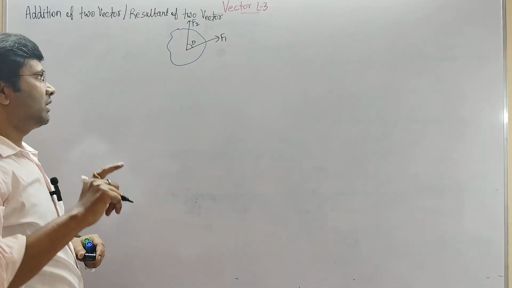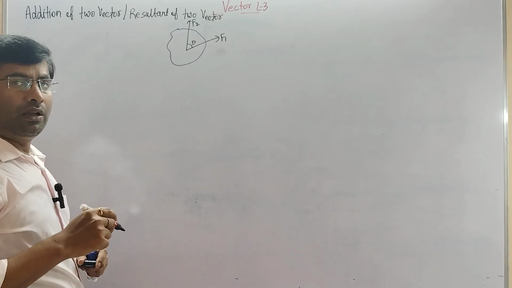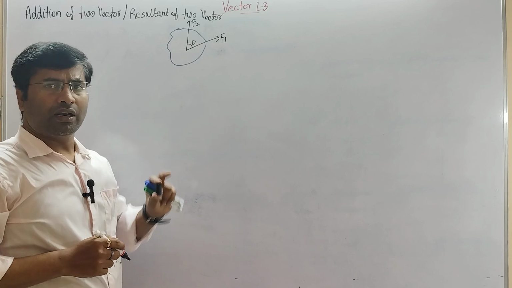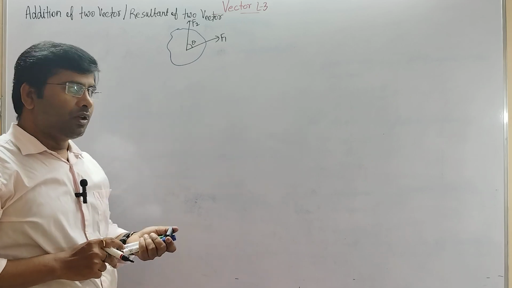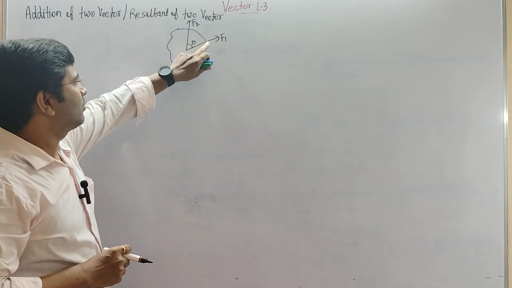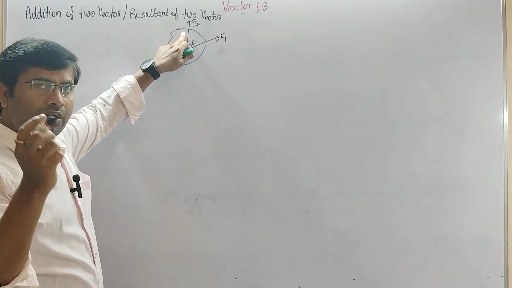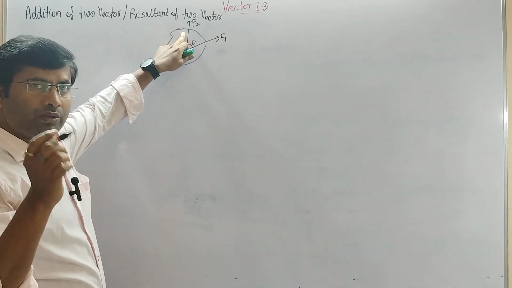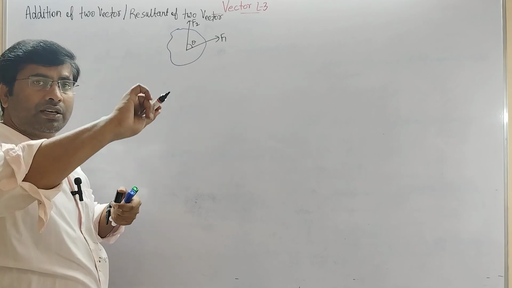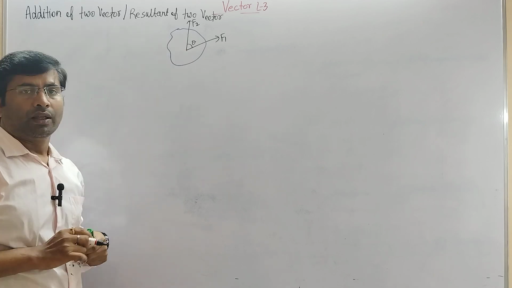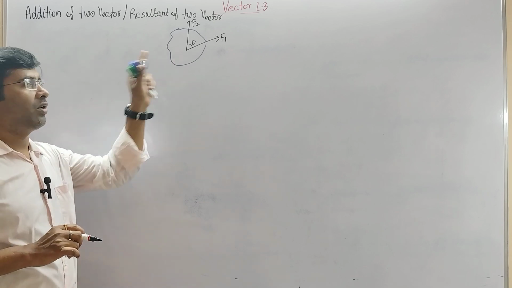But if both forces are acting, we cannot say it will move towards F2 or F1 until we find the resultant. Resultant means we replace both with a single vector. That single vector is the resultant vector, and the body will move in the resultant direction.